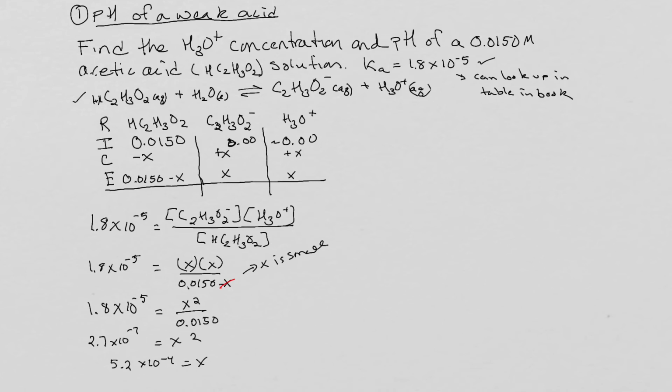So now we have our x value. Now, remember, that's just half the story, right? We have to plug our x back in to our equilibrium expressions so that we can get our equilibrium concentrations.